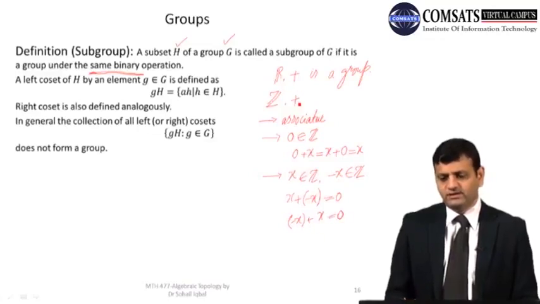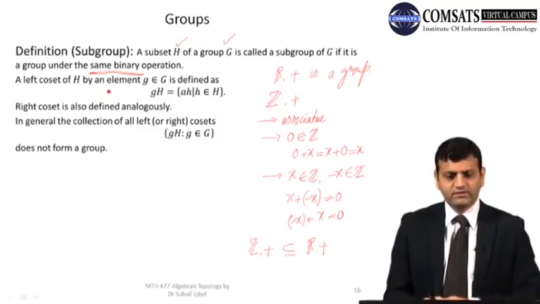So Z under addition is a group, and R under addition is a group. We also observe that every integer is a real number as well. So Z is a subset of R, and they have the same binary operation of addition. So it satisfies the definition of a subgroup. So Z under addition is a subgroup of R under addition.